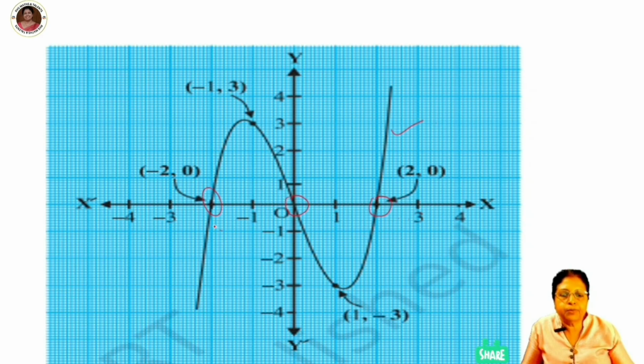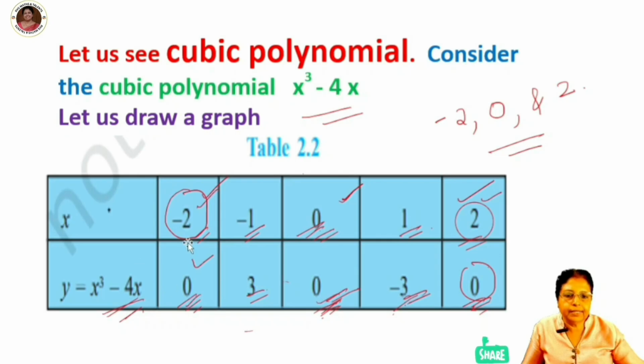Which are these points? Minus 2, 0, 0, 0 and 2, 0 are the intersecting points here.